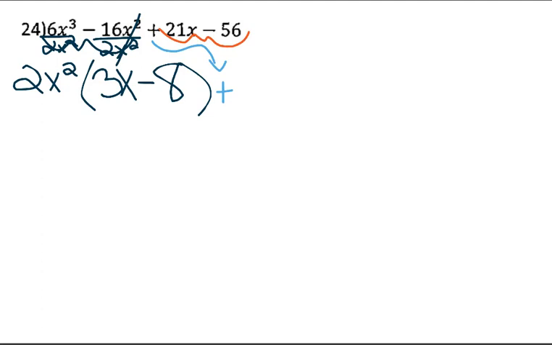Well, looks like I could take a 7 out, because I know 7 times 8 is 56 and 7 times 3 is 21. So let's take out a 7. Can't take out any x's because this one doesn't have any x's. So 21x divided by 7 leaves me with a 3x. And negative 56 divided by 7 leaves me with a minus 8.